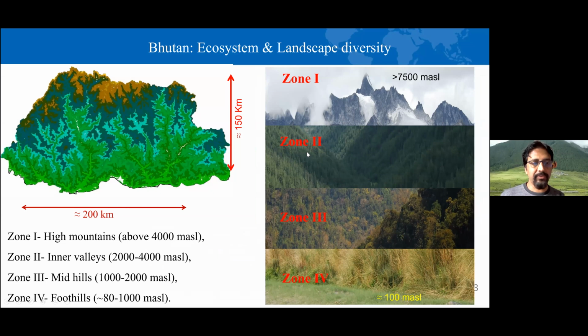Zone 2 is 2,000 to 4,000 meters, with mainly coniferous forest. Zone 3 is 1,000 to 2,000 meters, and below that, down to about 80 meters, is subtropical, tropical climate with different kinds of forest.